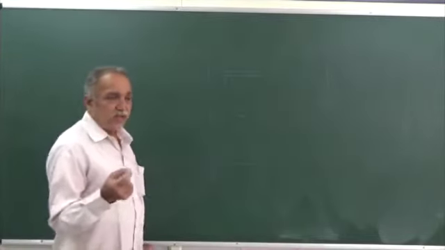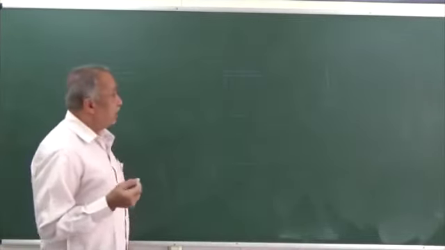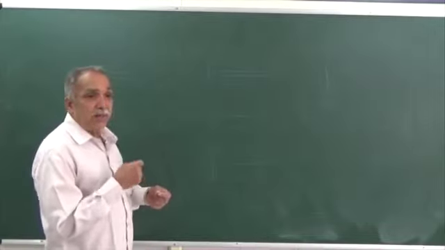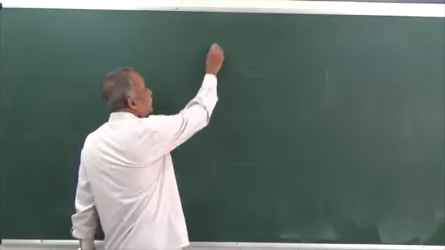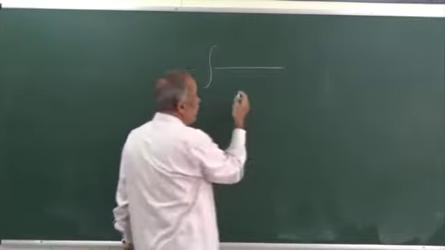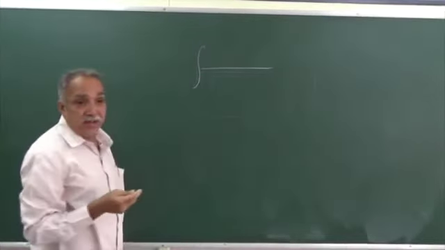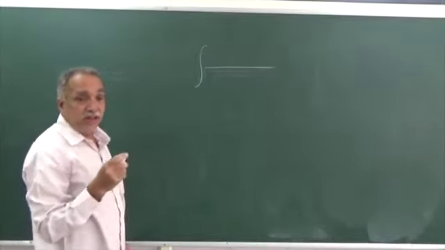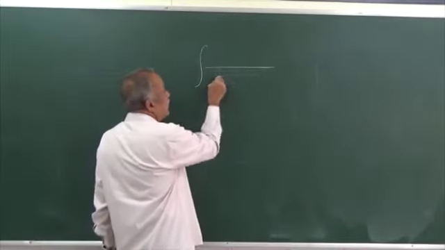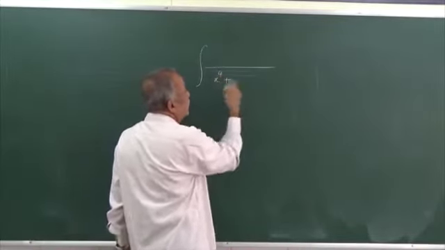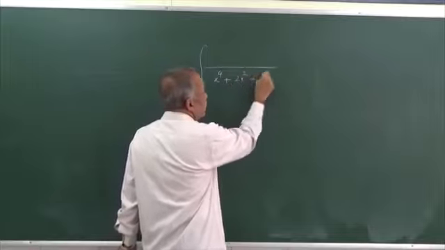As the next illustration, let me consider a slightly more complicated case. As before, the denominator will be biquadratic with odd degree terms missing, say x to the power 4 plus 2x square plus 3.